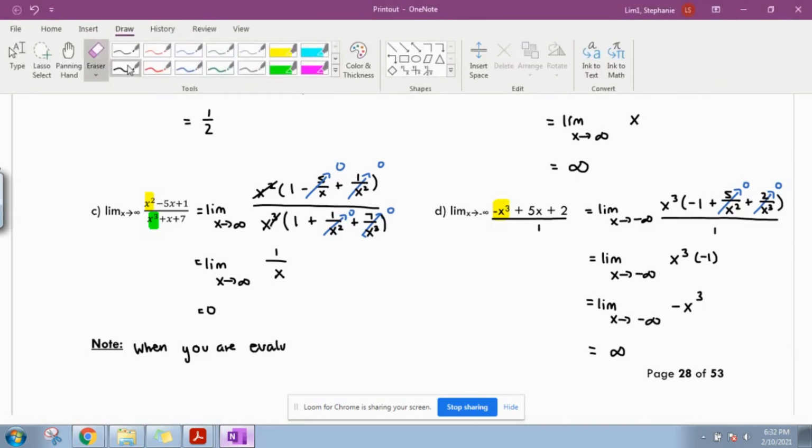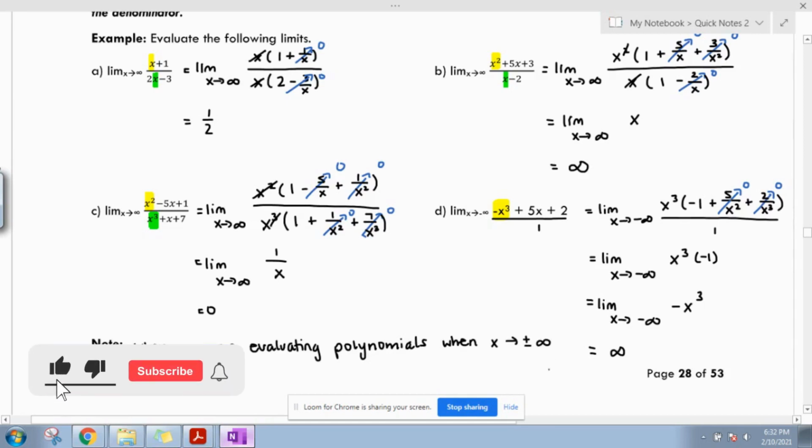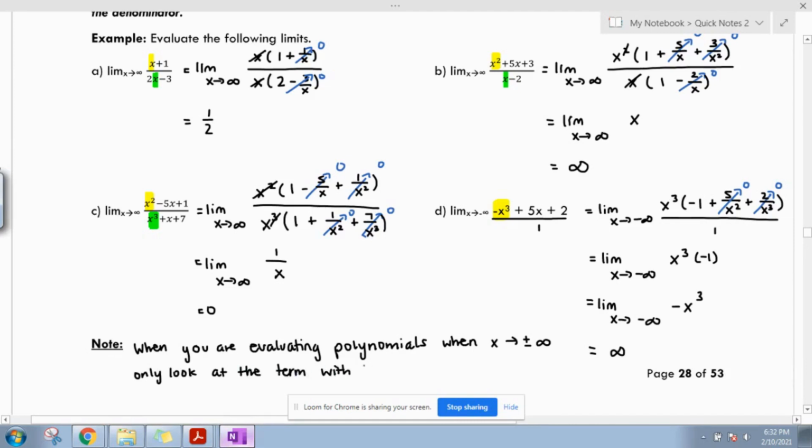When you are evaluating polynomials when x approaches positive or negative infinity, you can actually just look at the leading coefficient to help you out, or the leading term, okay? So when x is approaching positive or negative infinity, only look at the term with the highest exponent to help you out.